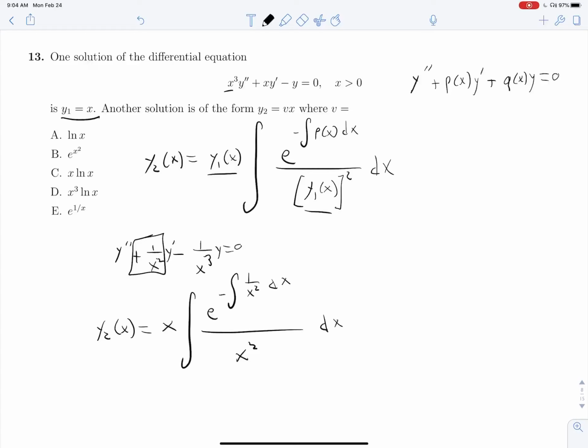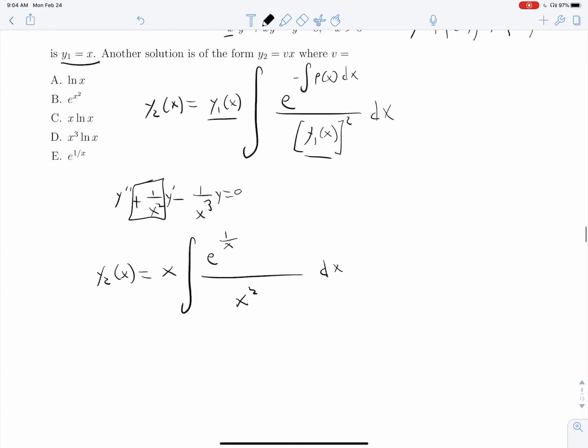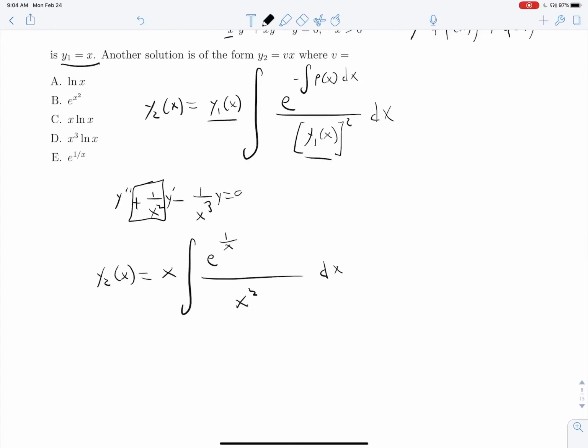So the integral of 1 over x squared dx is negative 1 over x. Combine that with the negative that we already have out here, and we get 1 over x. And we can actually do a u substitution here. If u is equal to 1 over x, du is negative 1 over x squared dx.